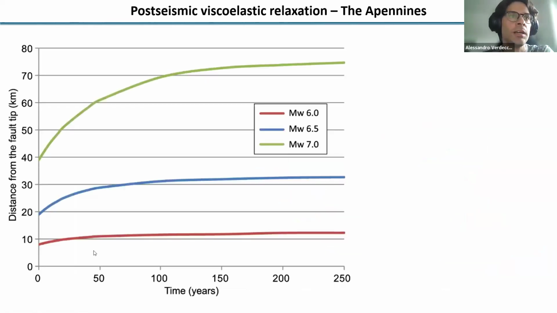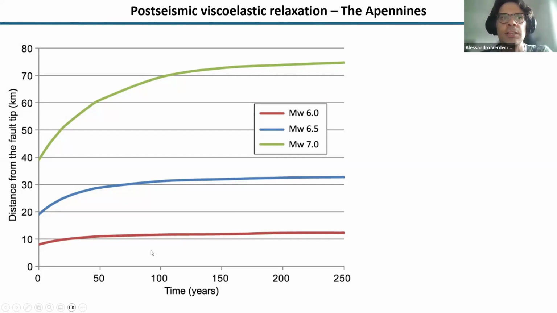This is again a similar plot as before. Every line represents a different magnitude of earthquake, and here on the y-axis is the distance of the isoline from the fault tip. So this shows how much this triggering front travels in time due to viscoelastic relaxation.